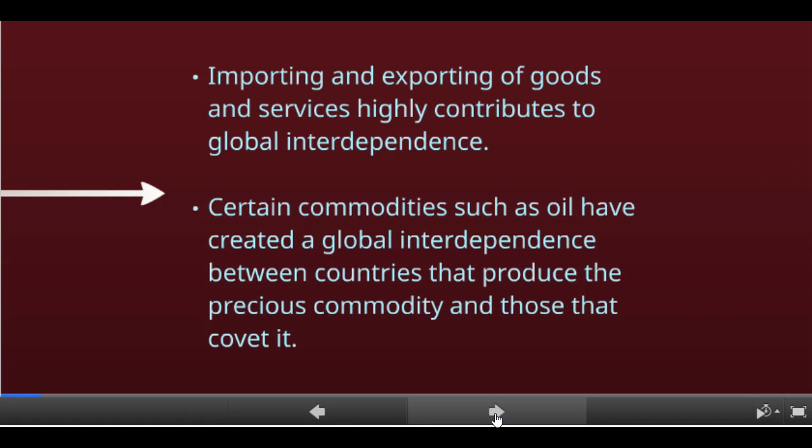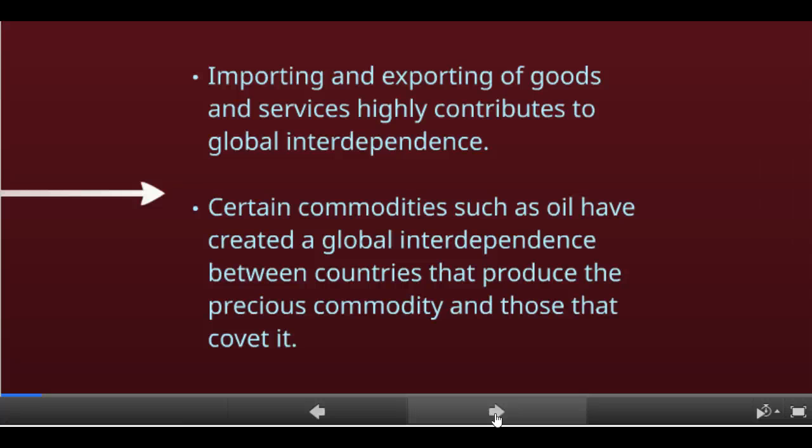The importing and exporting of goods and services highly contributes to global interdependence. So world trade greatly contributes to this global interdependence. Certain commodities or certain products, like oil, have created a global interdependence between countries that produce the precious commodity and those that covet it or that need it or want it. So our example being oil, different countries like in the Middle East, some South American countries and the United States are able to produce oil.